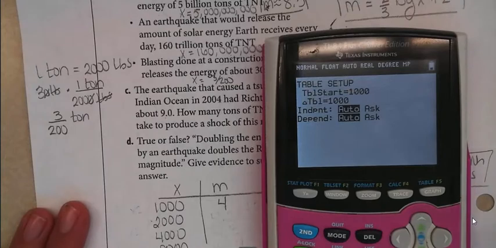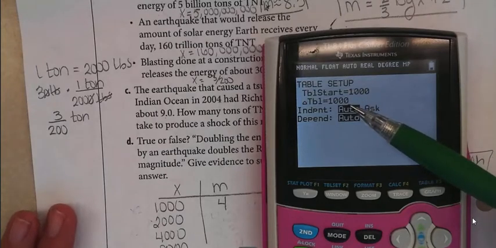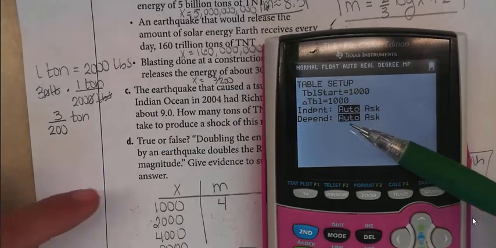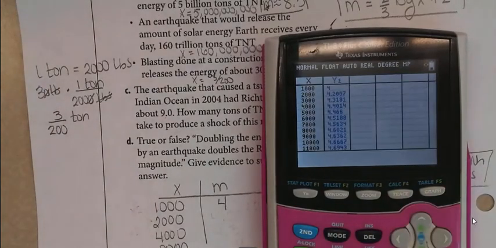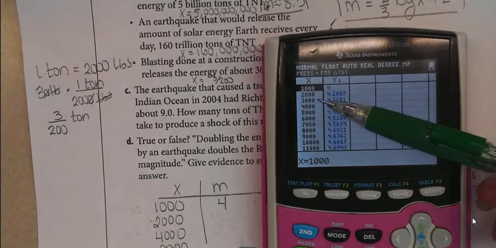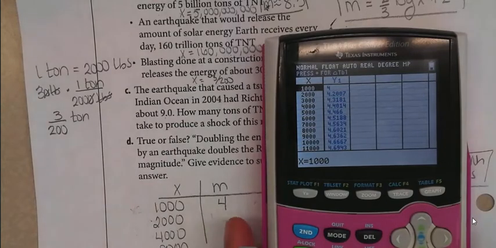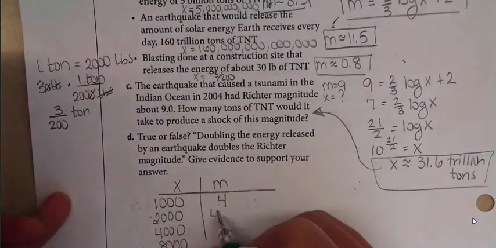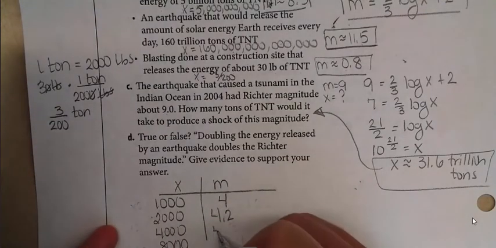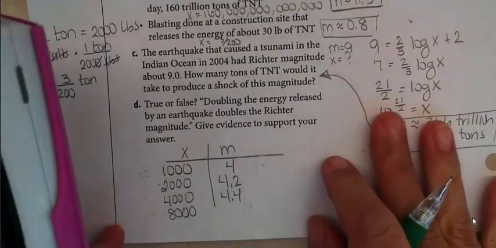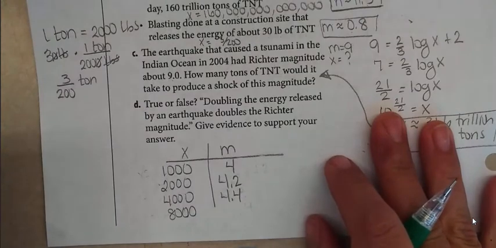Going into my table setup, I'll start at 1,000. I'll increase by 1,000, but I'm going to want to make sure that I get my correct x values. So at 2,000, it's approximately 4.2. At 4,000, I can see it's approximately 4.4. At 8,000, it's approximately 4.6.